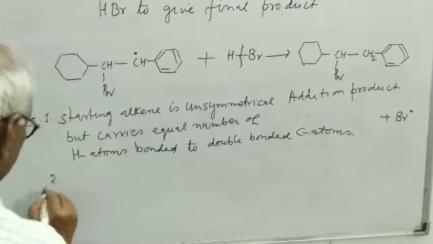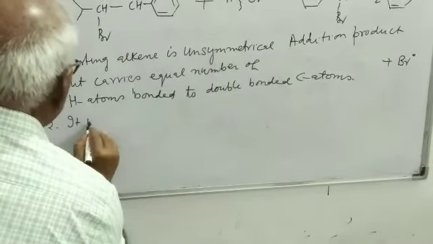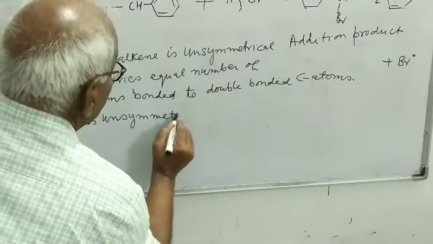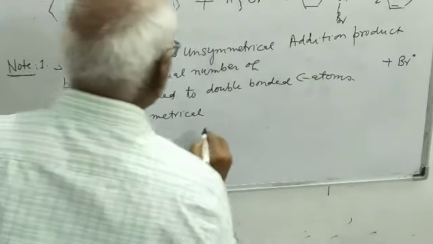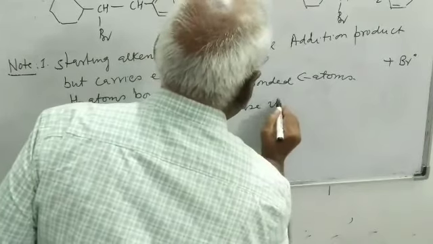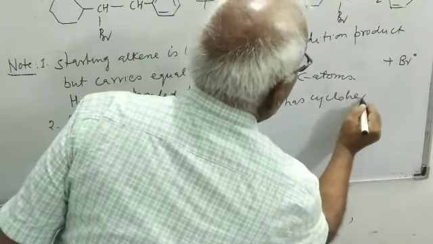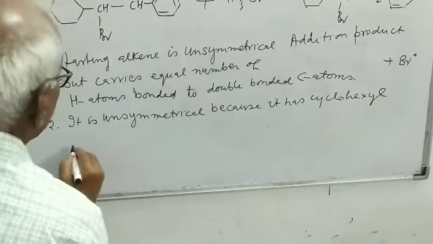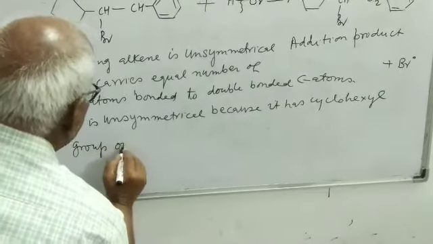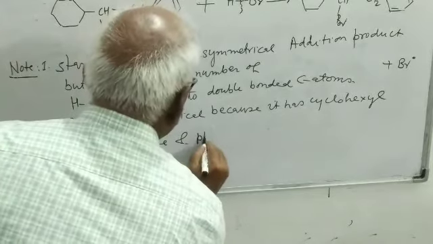Secondly, it is unsymmetrical because it has a cyclohexyl group on one side and a phenyl group on the other side.